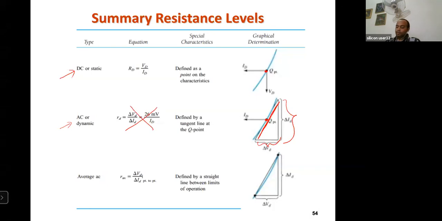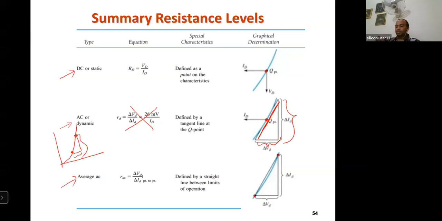And average AC resistance is what? It is the resistance between two particular points of a curve. Your characteristic curve was like this. Suppose it is given to find out the AC resistance between these two points, then you are making a triangle kind of thing between these two points, and you are finding out delta V by delta ID.